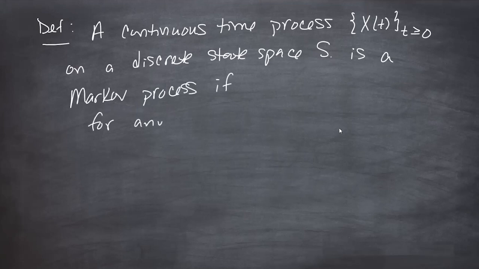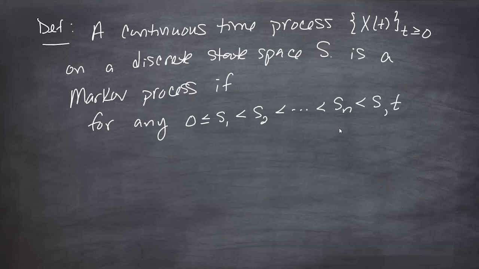For any time steps, we're going to need a bunch of them, just like before we had times 1 through n and then n plus 1. So for any s1 greater than or equal to 0, less than s2, less than up to less than sn, less than some s and t, those are the two special points at the end.